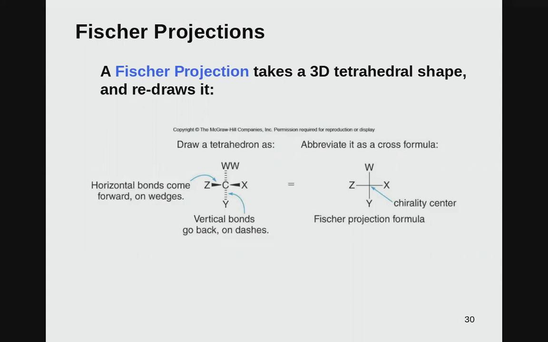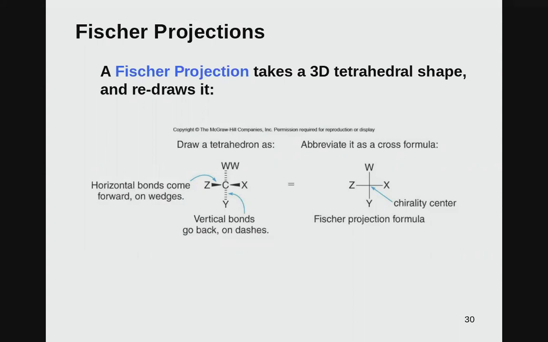Now, a Fischer projection takes the 3D tetrahedral shape and redraws it. So we draw a tetrahedron as such. We have C, two black wedges, and then two dashed wedges. These horizontal bonds come forward towards you on wedges, and remember, the vertical bonds go backwards on dashes.